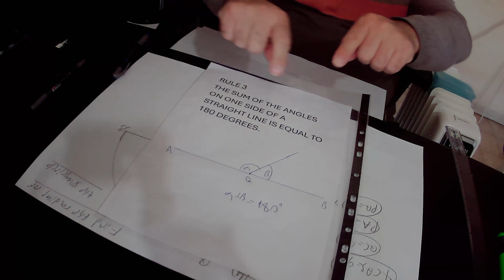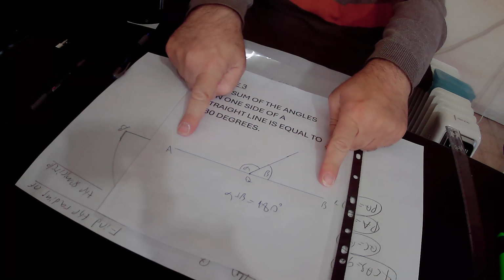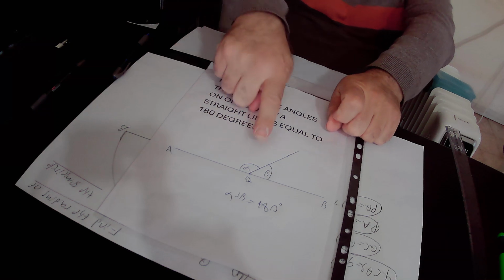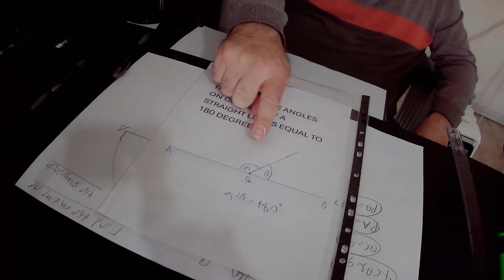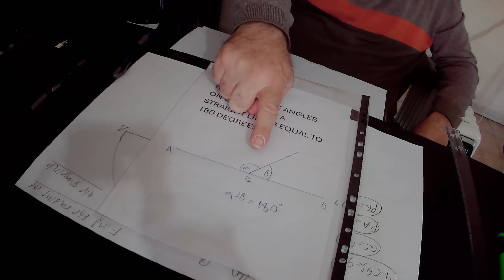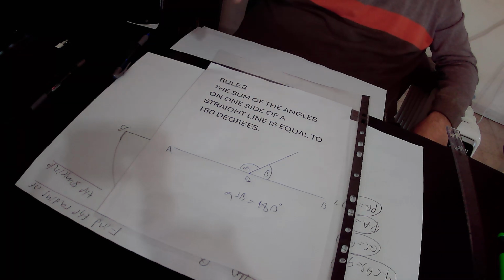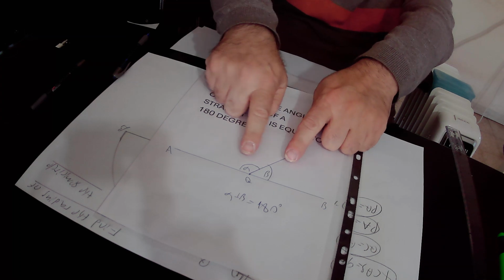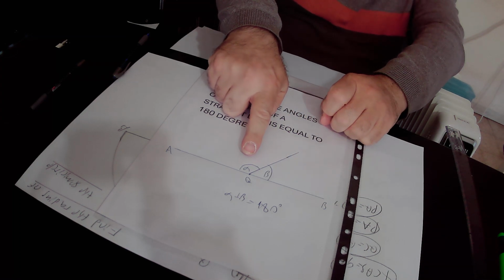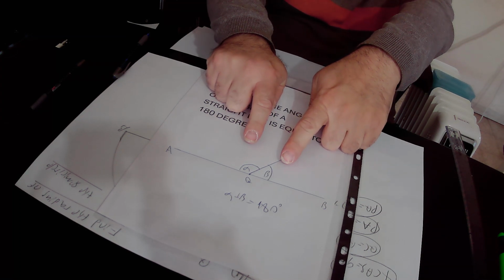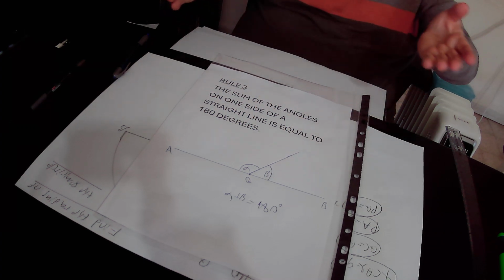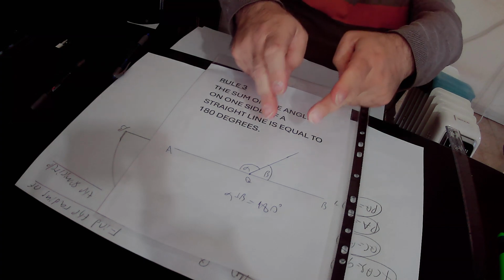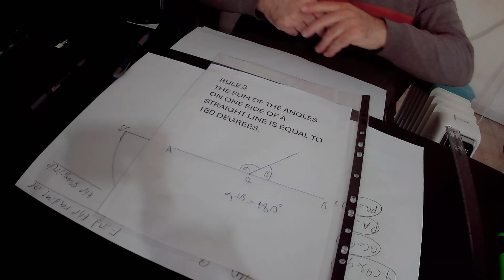So, in the drawing we have the straight line AB. If we focus on the upper side of the straight line AB, it's point Q here. The sum of the angles on the upper side of AB at point Q must be equal to 180 degrees according to this rule. We have this angle alpha and angle beta. So alpha plus beta must be equal to 180 degrees.